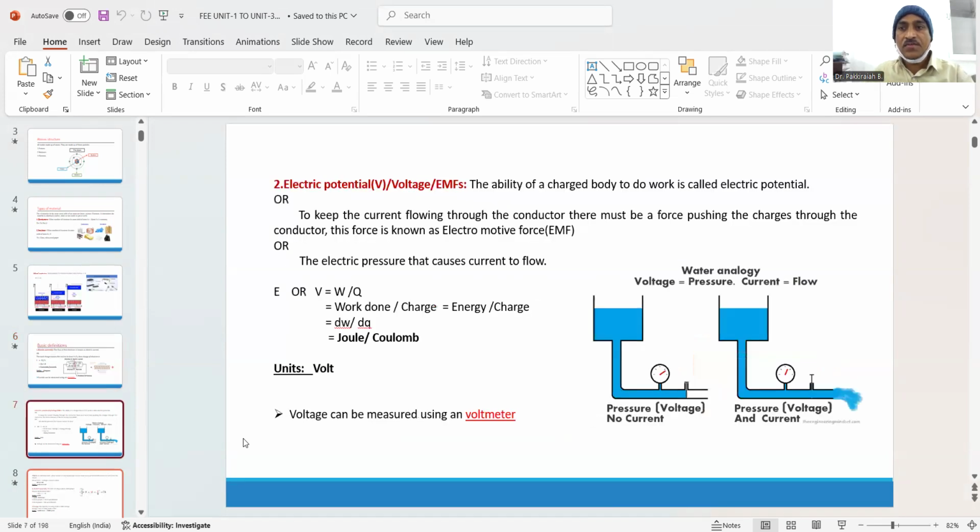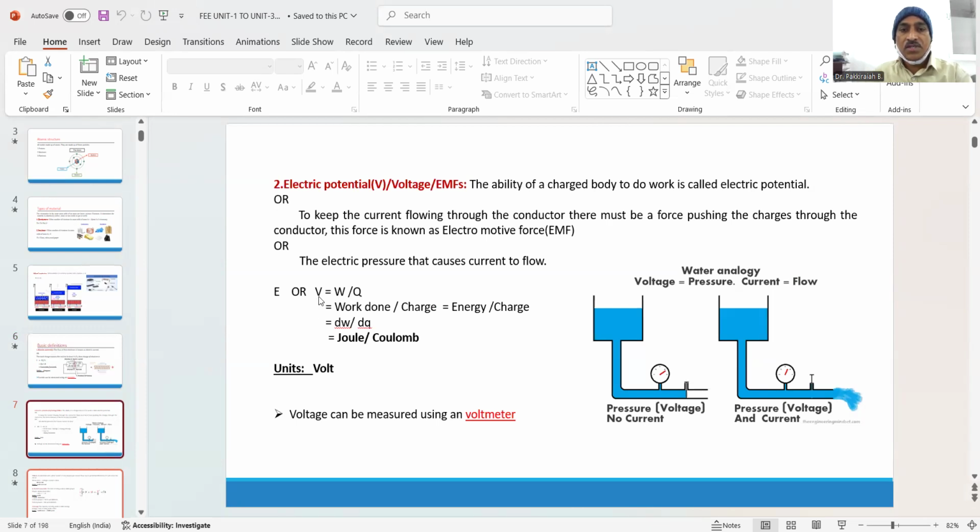Next, we will go for the definition of the potential, or electric potential, or voltage, or EMF, electromotive force. The definition is work done per unit charge, the amount of work done for unit charge.